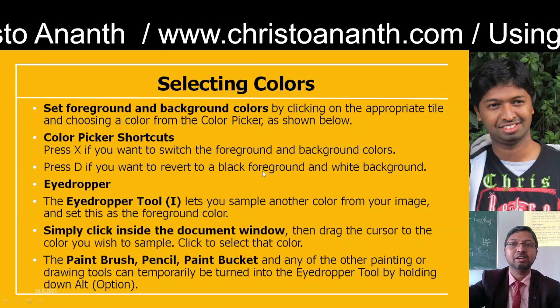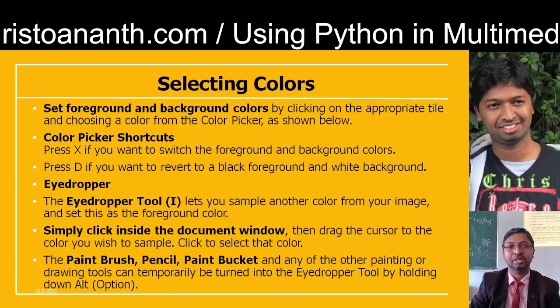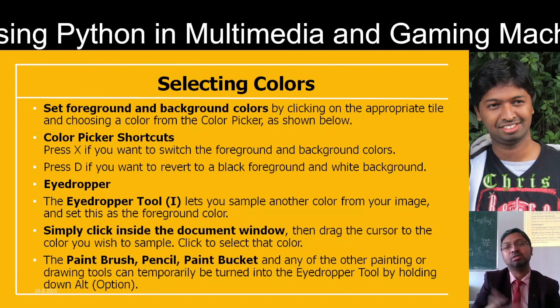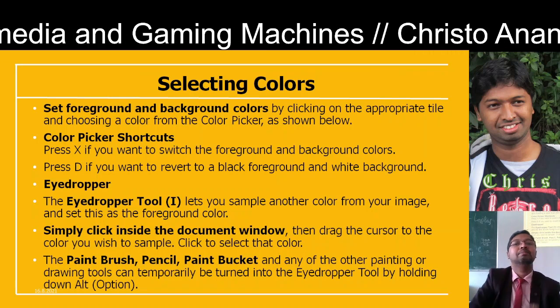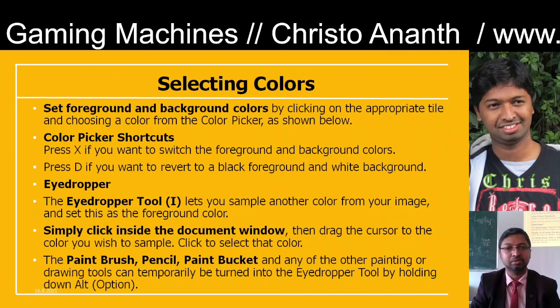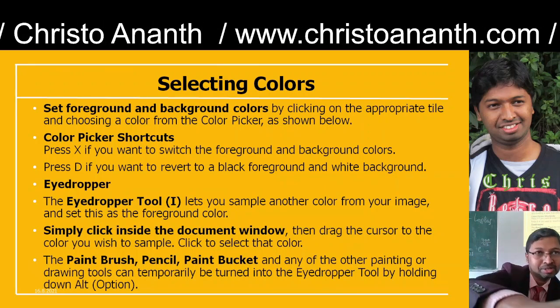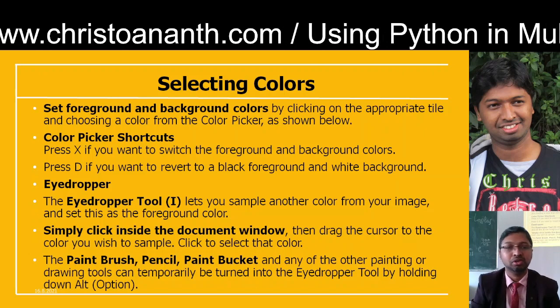You can click on the appropriate type and choose the color from the color picker. In the color picker, you have shortcuts like X to switch the foreground and background colors, and D to revert to the black foreground and white background. Then you have the eyedropper, so that you can sample another color from your image and set it as the foreground color.